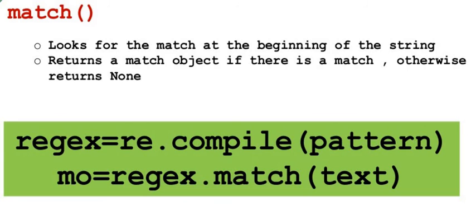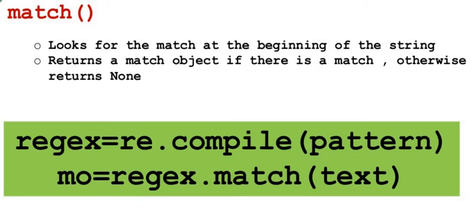If we want to look for a match at the beginning of the string, for that we use this function. This function returns the match object if there is a match. If there is no match, then it returns None. So here we are matching one particular pattern within a particular string, but it looks for the match at the beginning of the string.